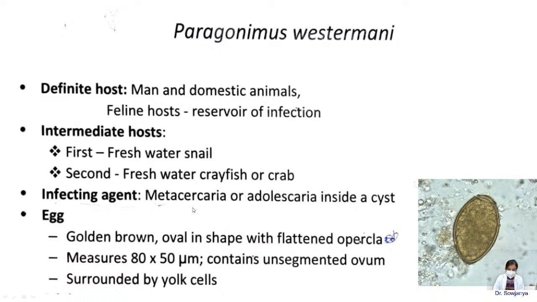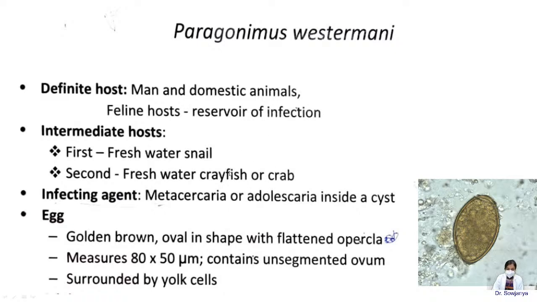After infection, the metacercariae will excyst, penetrate the intestinal wall, reach the peritoneal cavity, then the abdominal wall, and then the diaphragm, and from the diaphragm they reach the lungs, where they transform into adults. So, as I already told, there are two intermediate hosts: first is the snail, second is the crayfish or crab, and man is the definitive host.